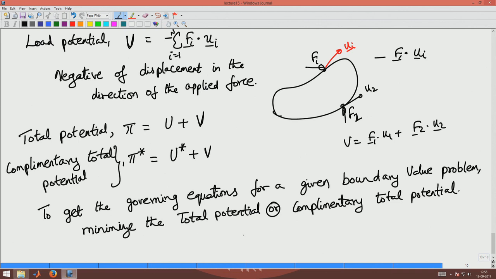Okay. This is in energy formulation, essentially energy formulation.